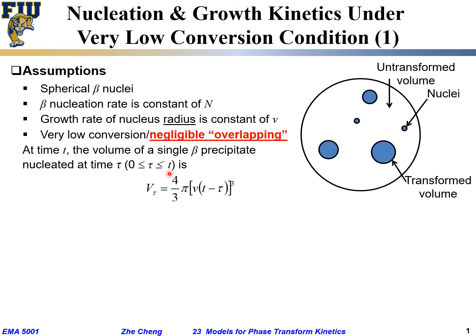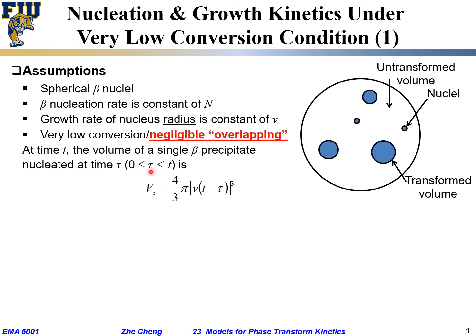This is very, very important. We are considering at time t the volume of a precipitate that forms at time tau. It's formed not at the very beginning, not at t equals 0, but at tau, and tau is smaller than t. If tau equals t, the initial radius is essentially 0.